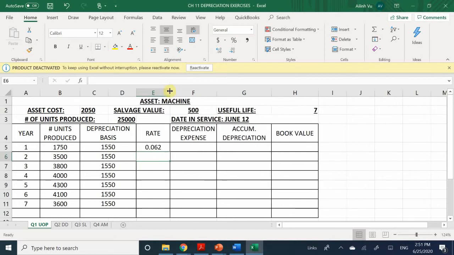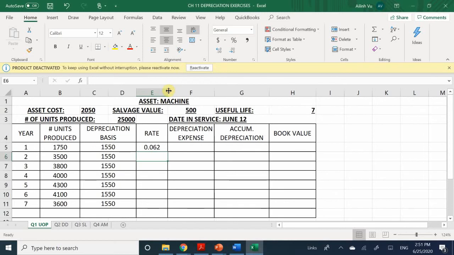That can't be right, that's too high. Oh, okay, I got 0.062. Okay, perfect. So it's even.